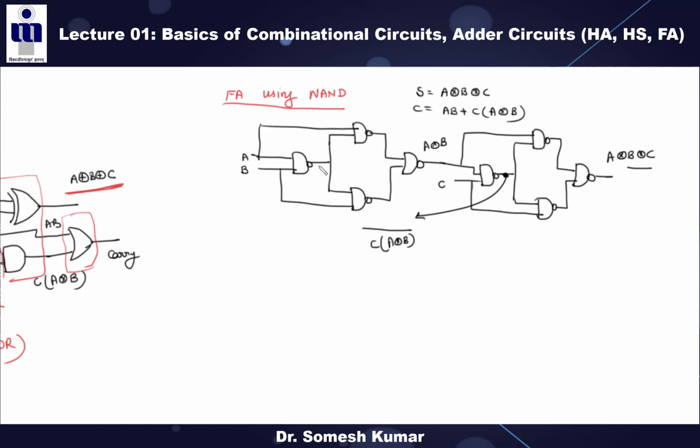Clear? And what is the output at this stage? Now tell me, by using these two inputs to one NAND gate, if we give the C and A XOR B whole bar, and at the second input we give the other, what is the output?